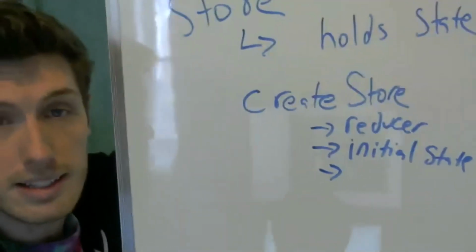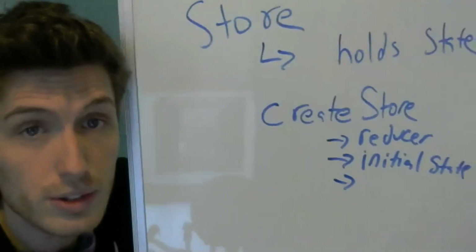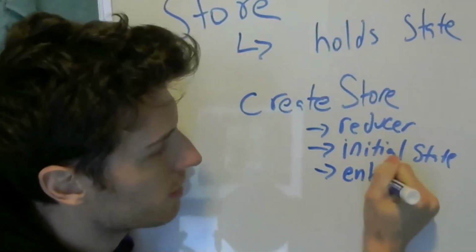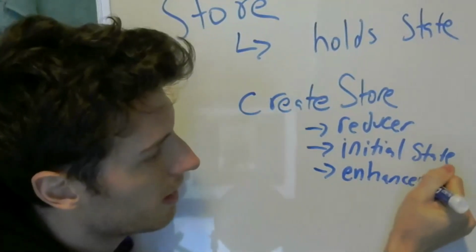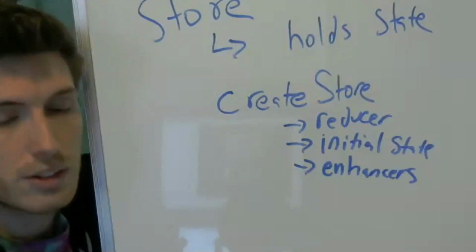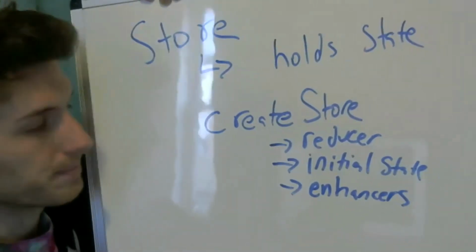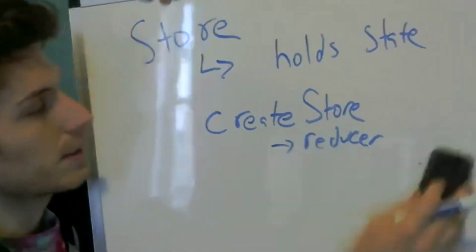And lastly, it can take in enhancers or middleware. I'm going to call it enhancers just because that's what the docs will say, but this is where our middleware lives if we need it. Sorry, the writing's small. I'll make it larger. Okay, so that's our store.